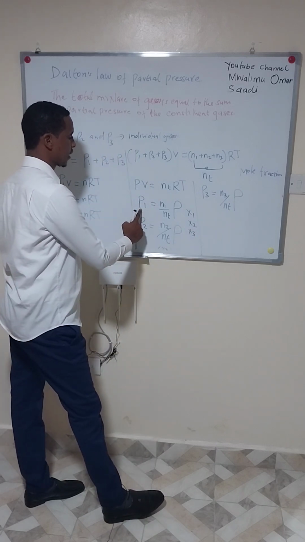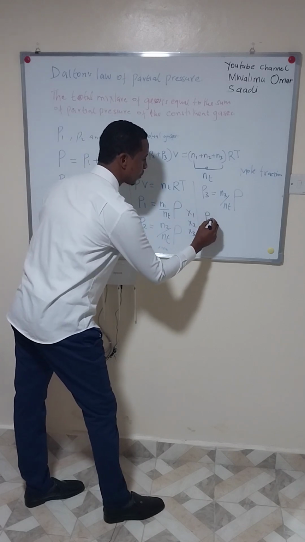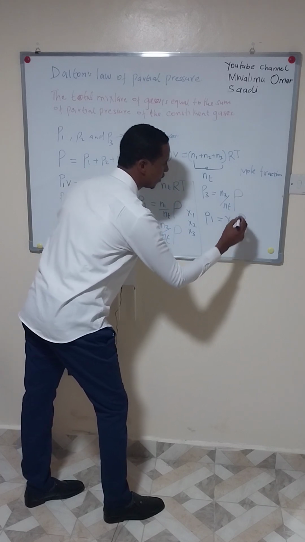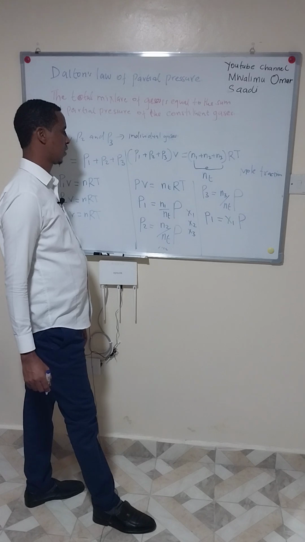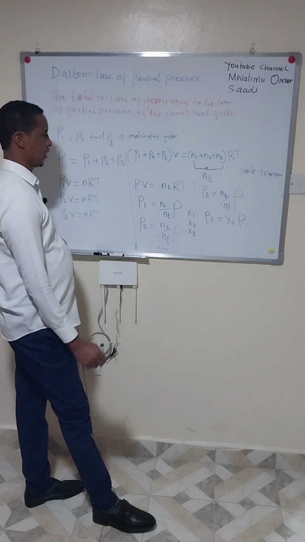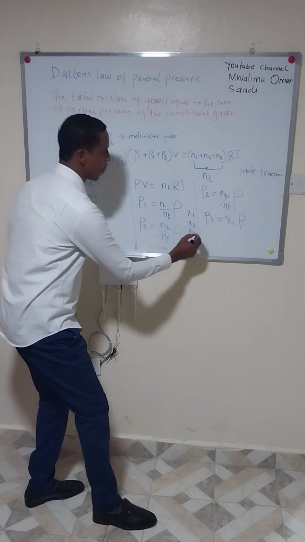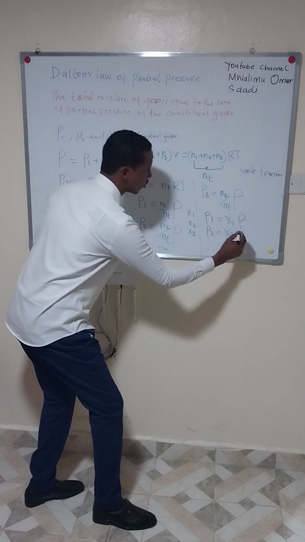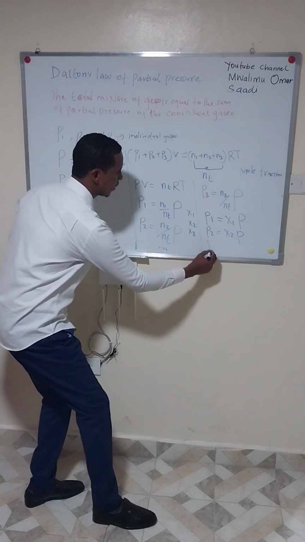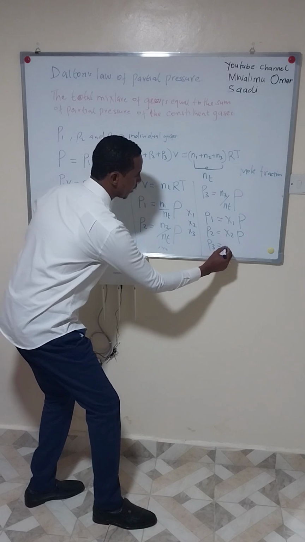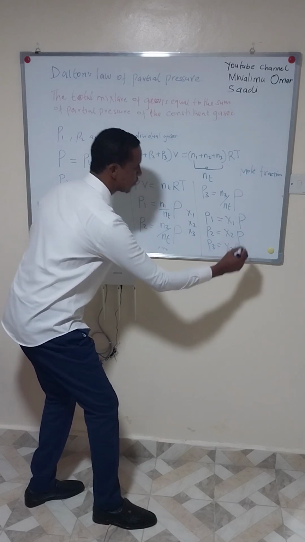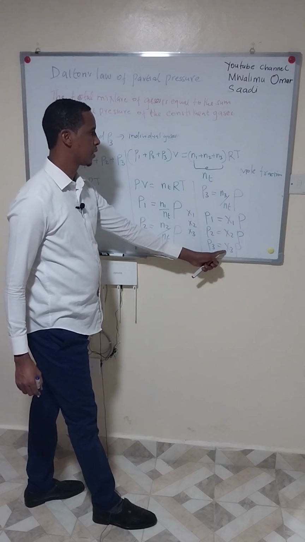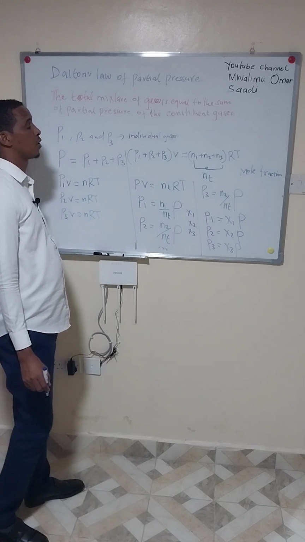So the partial pressure of P1 will be x1 times the total pressure of the three gases, P2 will be x2 times the total pressure, and P3 will be x3 times the total pressure. So x1, x2, and x3 simply mean the mole fraction, I mean.